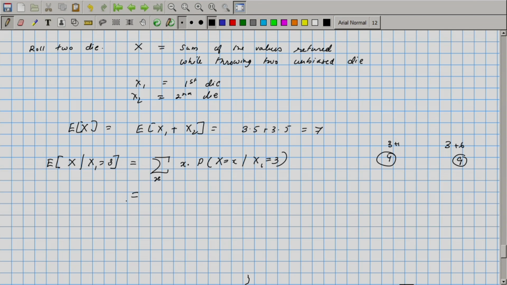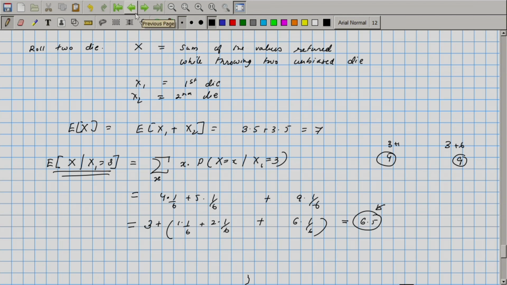So, this is equal to 4 into 1 by 6 plus 5 into 1 by 6 and so on up to 9 into 1 by 6. That is going to be 3 plus 1 into 1 by 6 plus 2 into 1 by 6 plus up to 6 into 1 by 6, that is going to be 6.5. So, the conditional expectation of X given X1 equals 3 will be equal to 6.5.